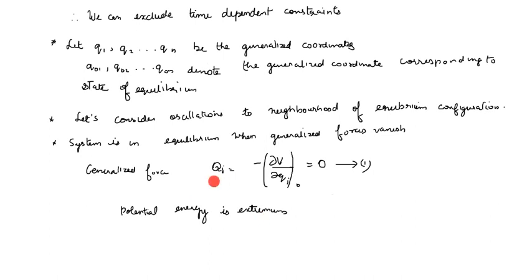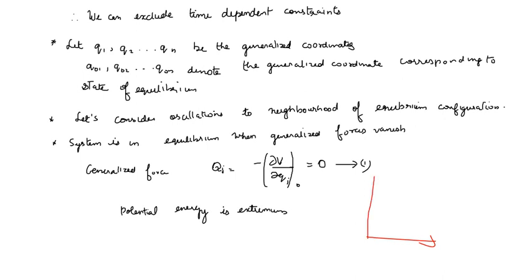Then we have discussed three types of equilibrium: stable equilibrium, unstable equilibrium and neutral equilibrium. In stable equilibrium, the potential energy will be minimum at the equilibrium condition, and we draw the curve of potential energy versus coordinate.